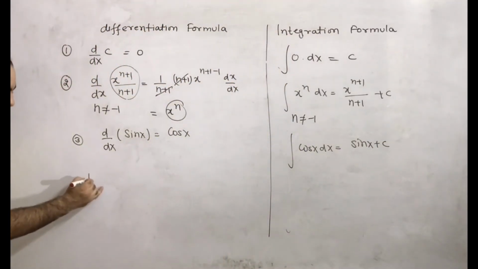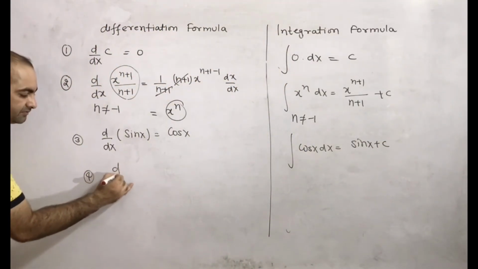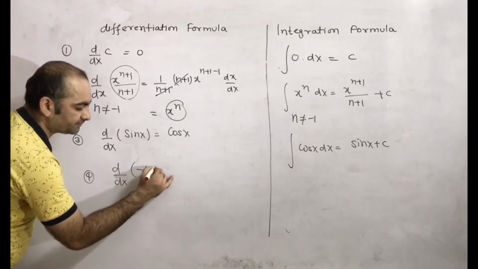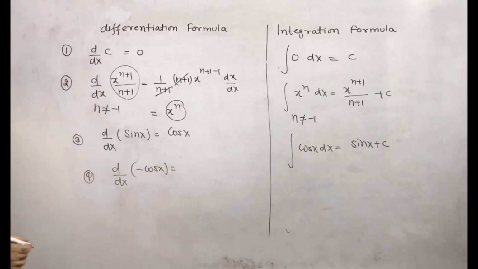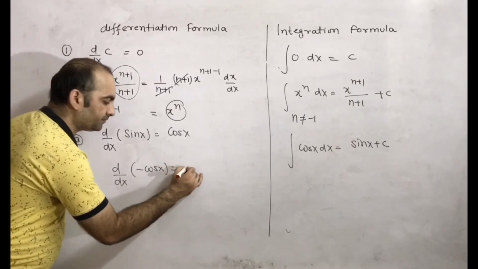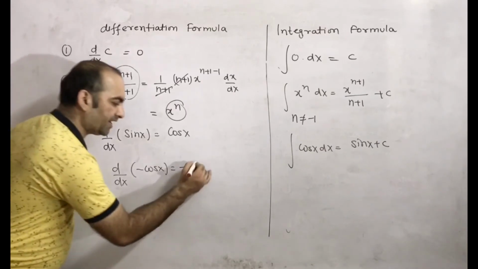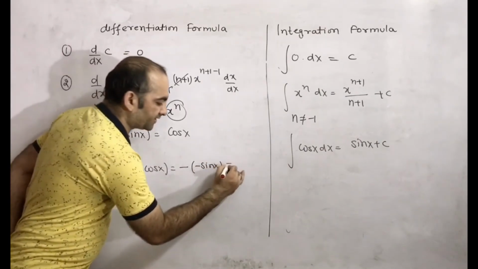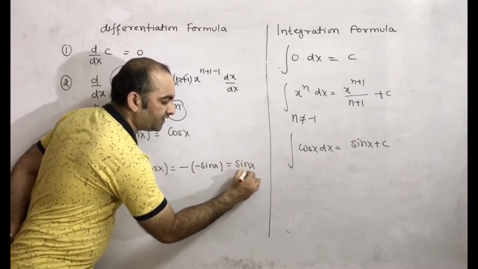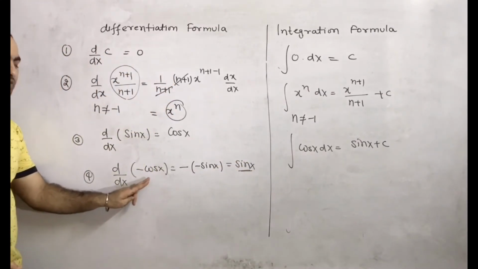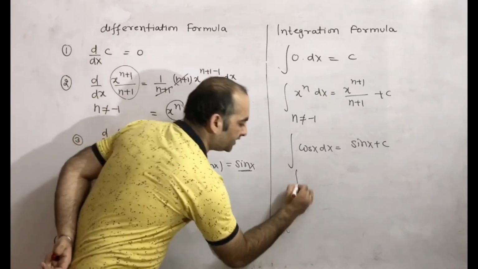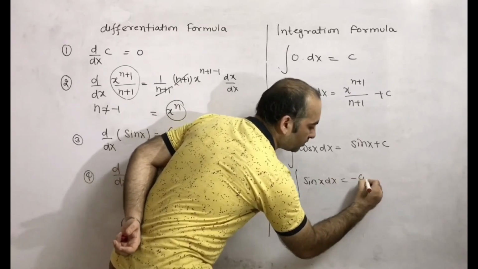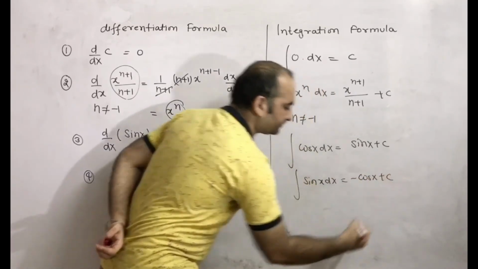Next formula, d by dx of minus cos x. If we differentiate this one, minus we can take outside, cos x differentiation is minus sin x. So this will come sin x. Then if you integrate sin x, we will get minus cos x plus c. So integration of sin x into dx will be minus cos x plus c.